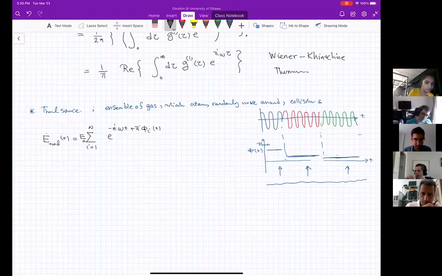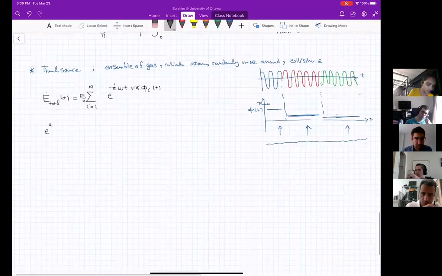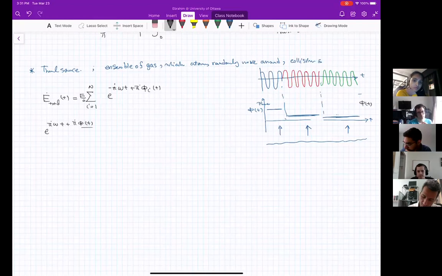Fantastic. So just to review, the emission from one single atom is e to the i omega t plus i phase of time, which is this phase that is changing here, which is time dependent. The frequency of emitted photons for all of the atoms is identical. So omega is the same for all of them, almost. And then you only get the phase, which is different for different atoms.